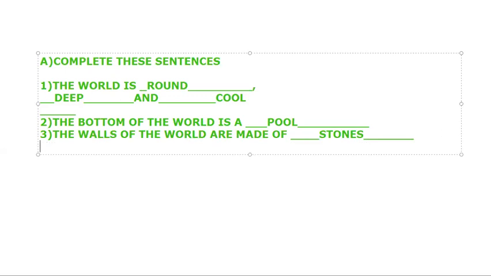Number 4. The sky is dash and dash. When the frog looks up, he sees a little bit of the sky, and the little bit is round in shape.